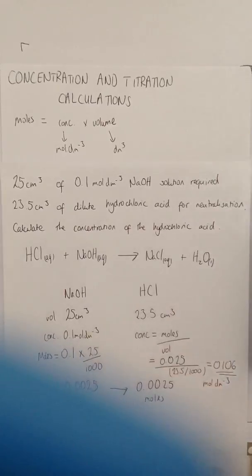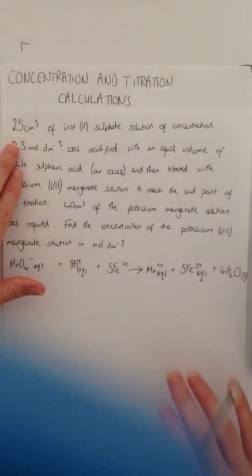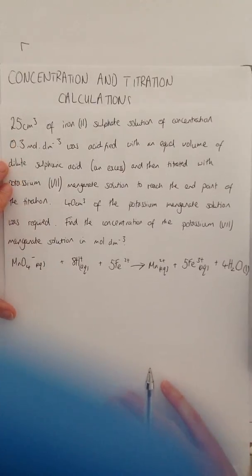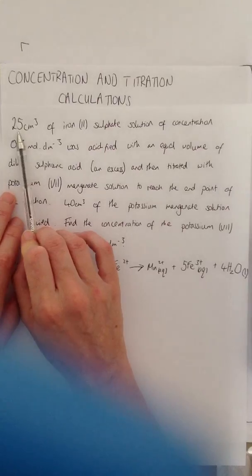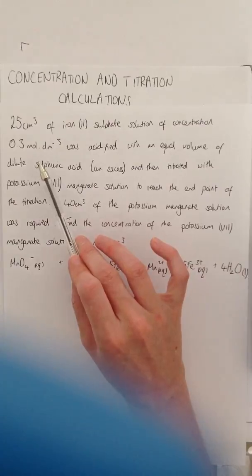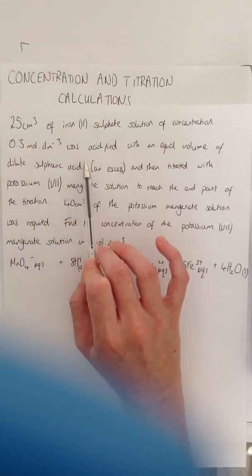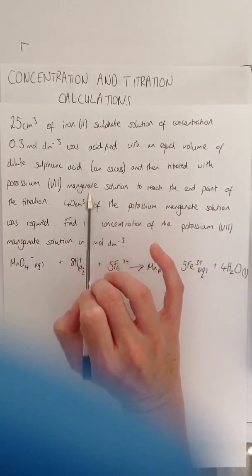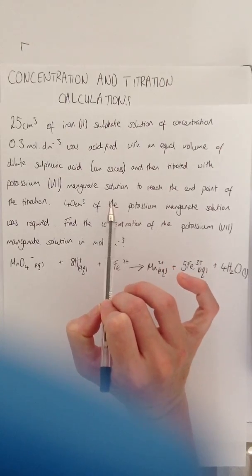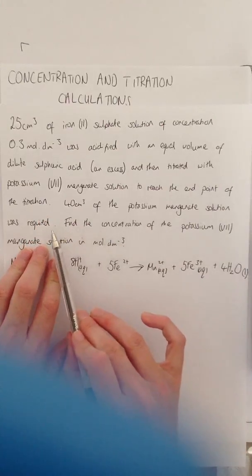Hopefully you could follow this one. It's not too tricky. They can get a little bit more complicated. Let's have a look at this one, which is slightly more wordy. 25 centimetre cubed of an iron 2 sulphate solution of concentration 0.3 mole per decimetre cubed was acidified with an equal volume of dilute sulphuric acid, an excess, and then titrated with potassium manganate solution to reach the end point of the titration. 40 centimetre cubed of the potassium manganate solution was required.